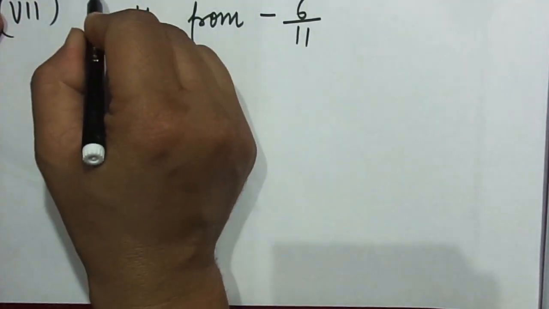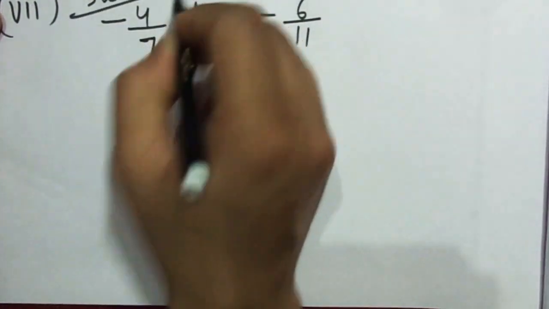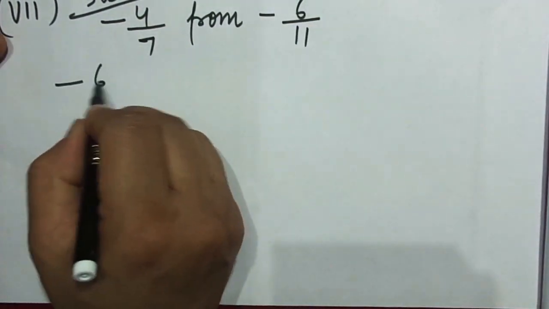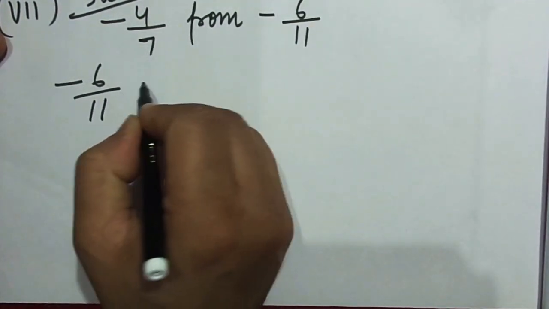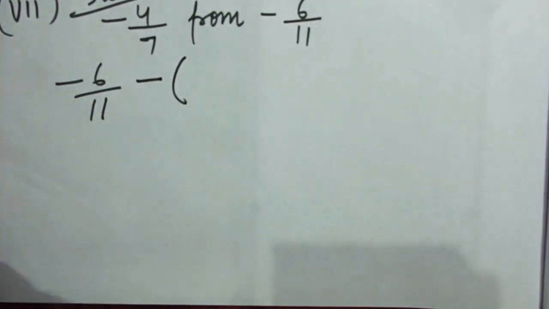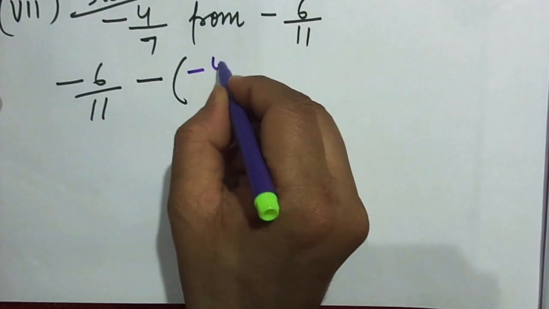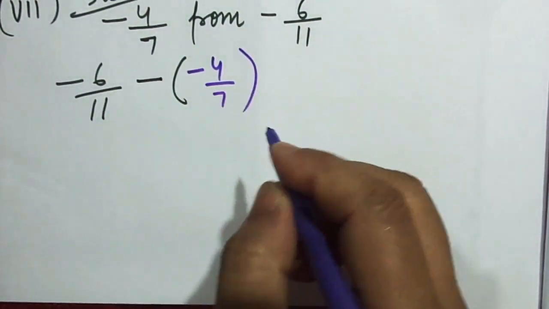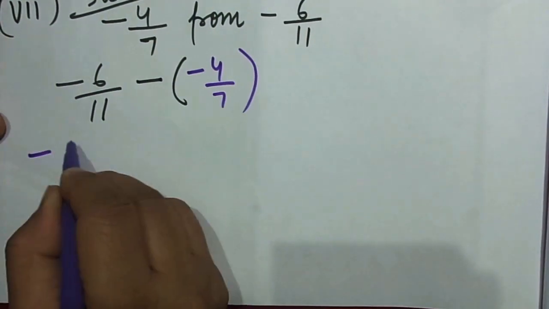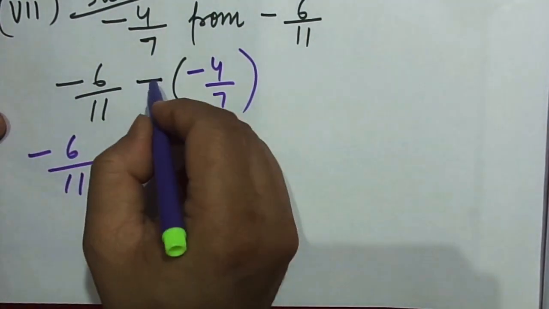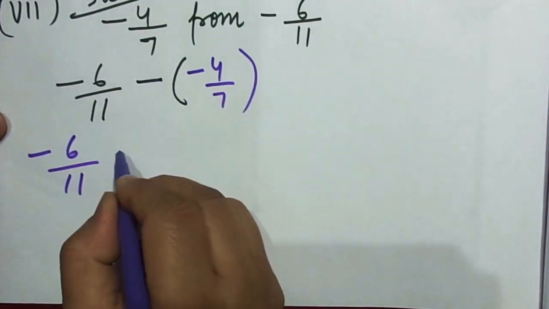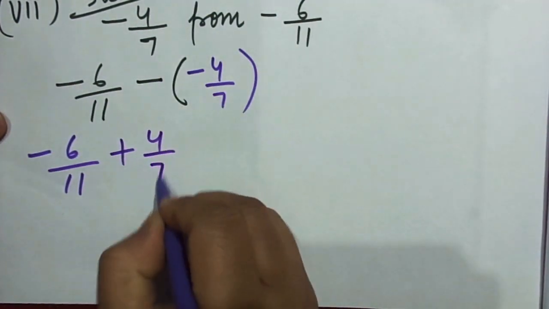Subtract minus 4 by 7 from minus 6 by 11. So minus 6 by 11 should be written first, then minus 4 by 7. So my solution here will be minus 6 by 11, minus into minus, plus 4 by 7.